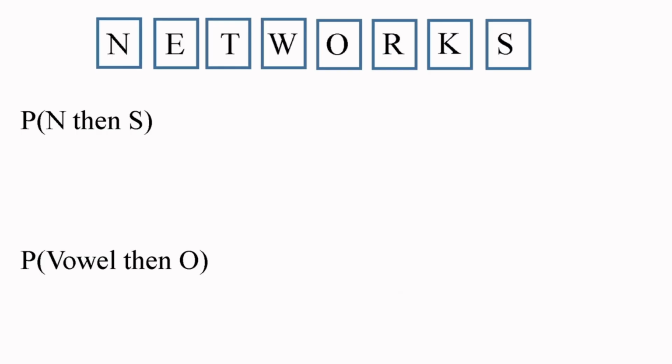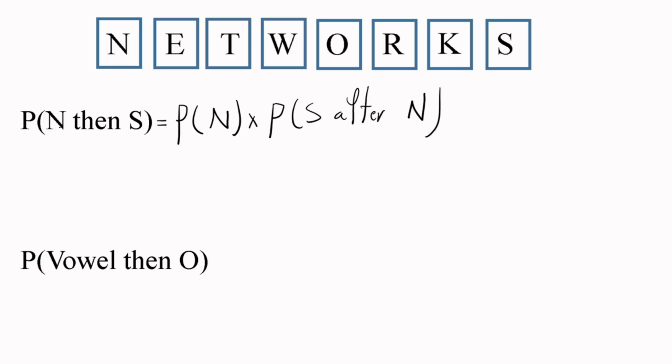Here again we have those cards, and in this case we want to find the probability of N, then S. I told you I'm not going to write the formula again, but here I'm going to write it one more time. P of N multiplied by P of S after N. Okay, we are going to pick N first.